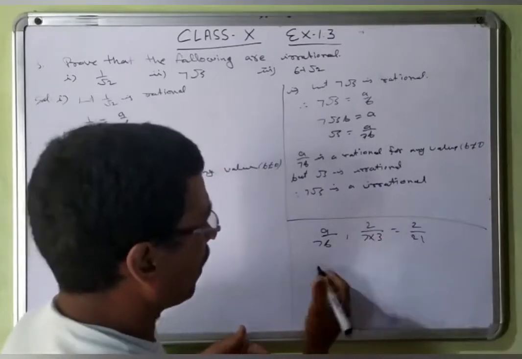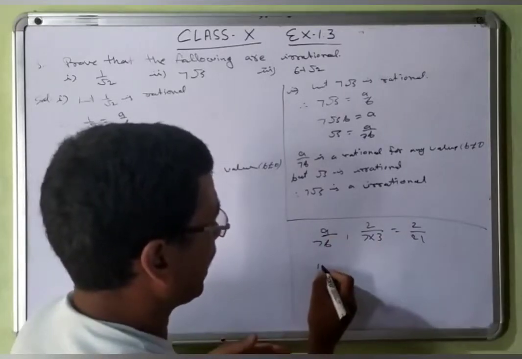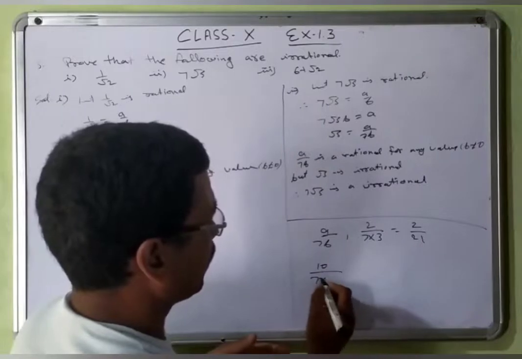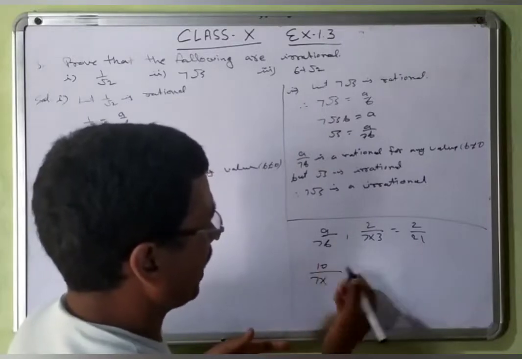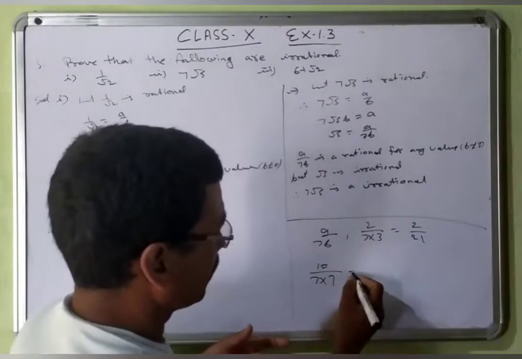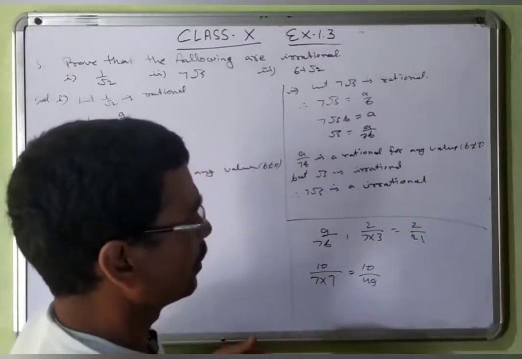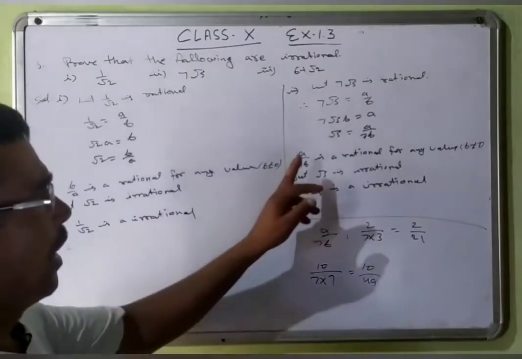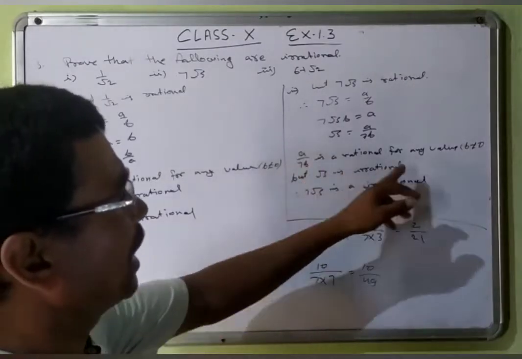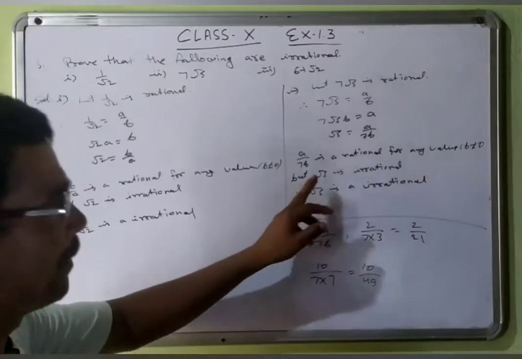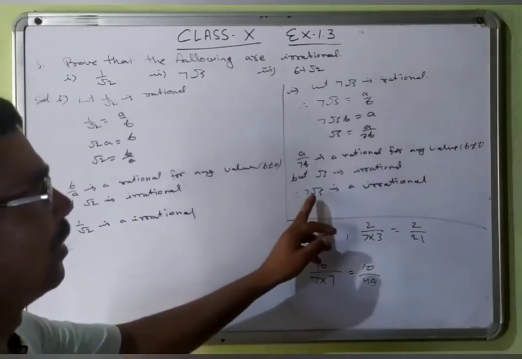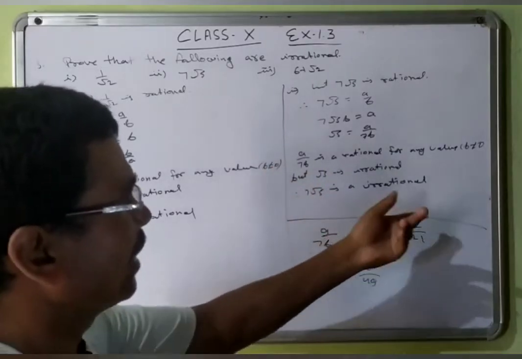You can write other values also, like 10 upon 7 times 7, which is 49. That is also a rational number. So for any a and b value it is rational, but root 5 is irrational. So 7 root 5 is irrational.